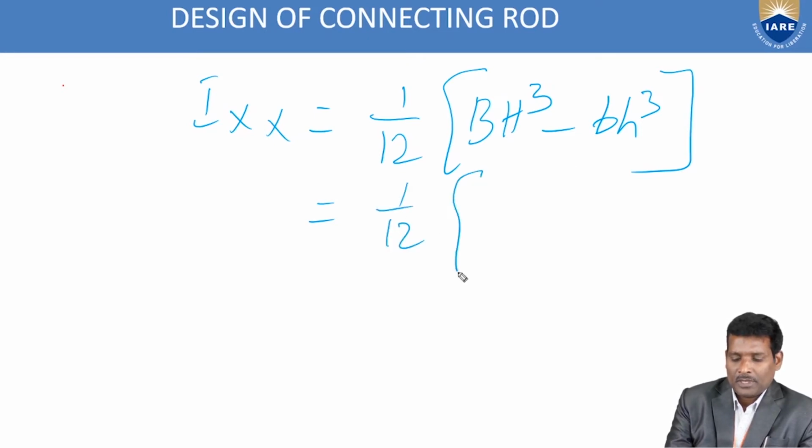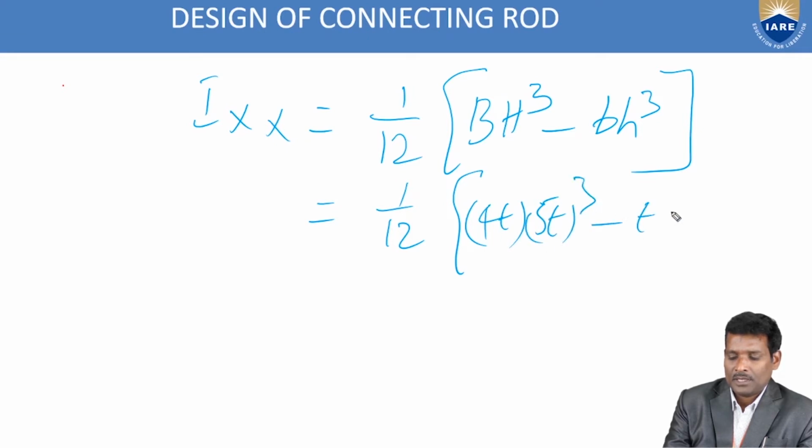Substitute those values: B is 40, H is 5t, small b is t and small h is 3t.